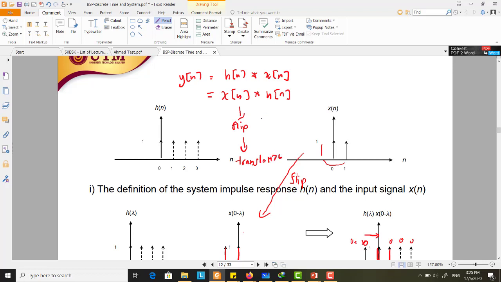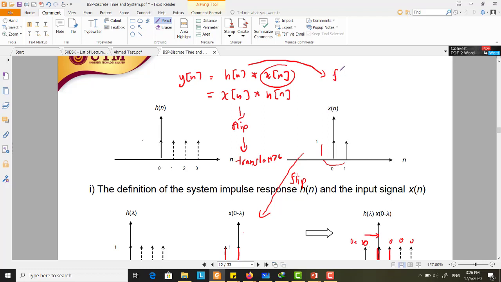Of course, in our case, when we apply the convolutional neural network, we don't do that. We do it this way, meaning that the xn we fix, and the one we flip and translate is this one.